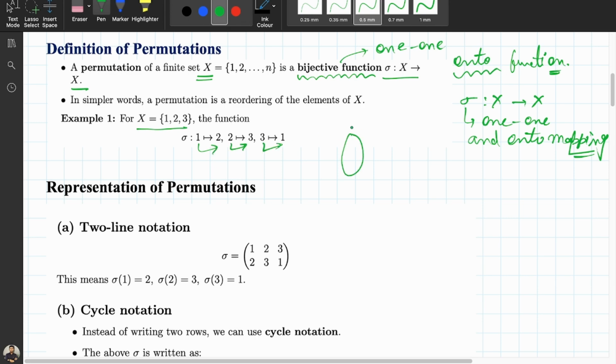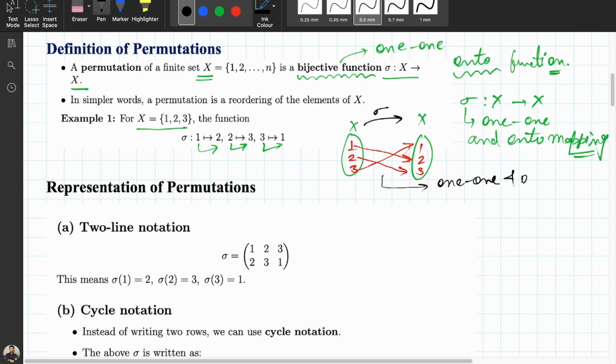There are three elements here: 1, 2 and 3. Now how can I map this function? One-one and onto means 1 goes to 2, then 2 goes to 3, then 3 goes to 1. So it is one-one and onto. This mapping is denoted by sigma, and it is a one-one and onto mapping. Simply we can say this is a bijective mapping or bijective function.